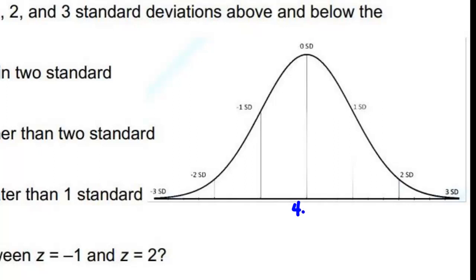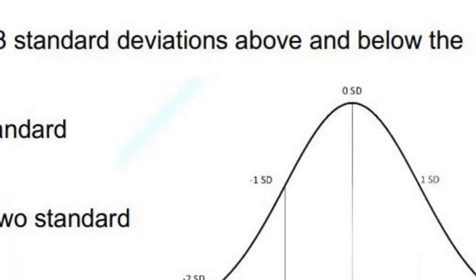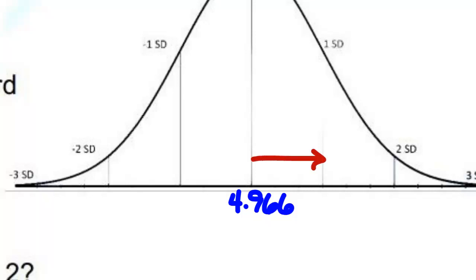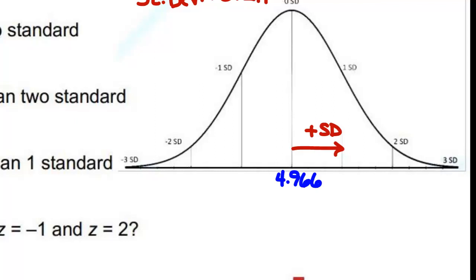So 4.966. I want you guys to label this on your paper. And our standard deviation was 0.211. As we move this direction, we're going to add the standard deviation each time. If somebody could grab a calculator for me so we can get these numbers on here.